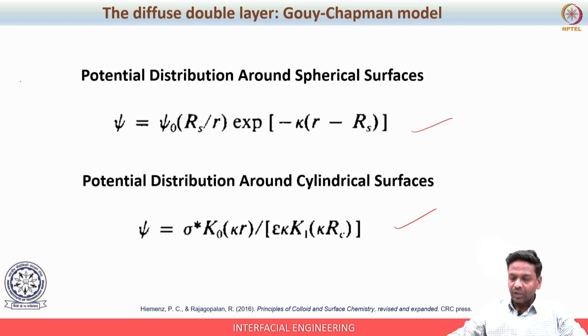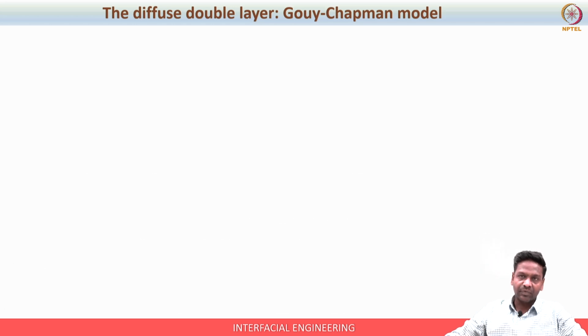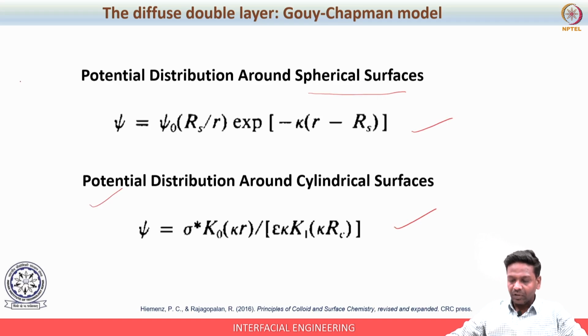For example, for spherical geometry, how you can get psi as a function of the distance as well as the electrolyte concentration. In a similar way for a cylindrical surface, the surface potential as a function of distance as well as electrolyte concentration can be obtained using this approach shown here.